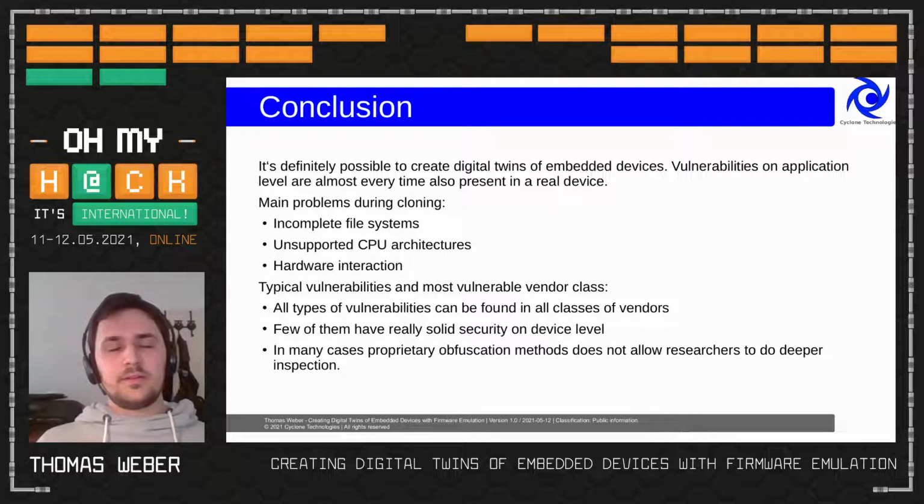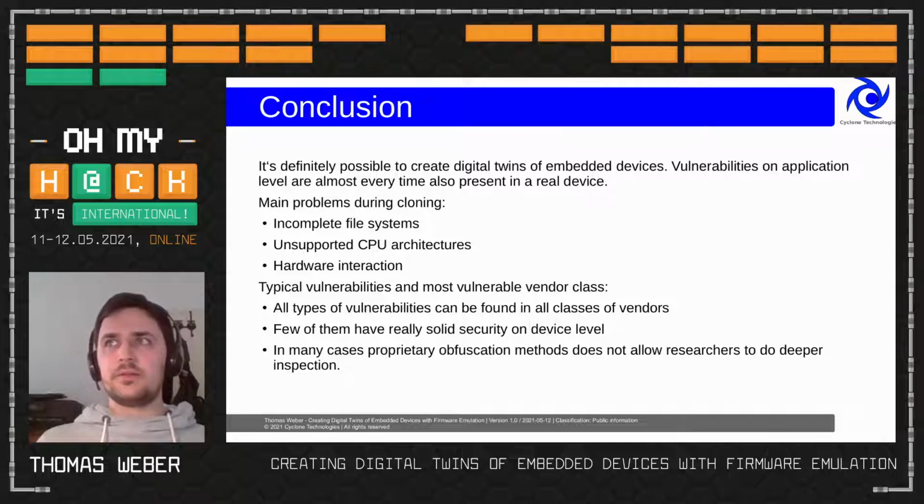So the main problems during creating a digital twin of the firmware are incomplete file systems. That's one of the main problems. Sometimes, in 11%, if you remember from the beginning of my talk, you have unsupported CPU architectures, which may sometimes be the problem.